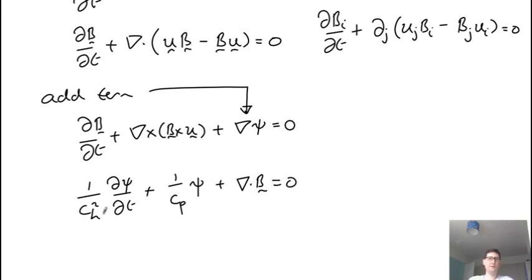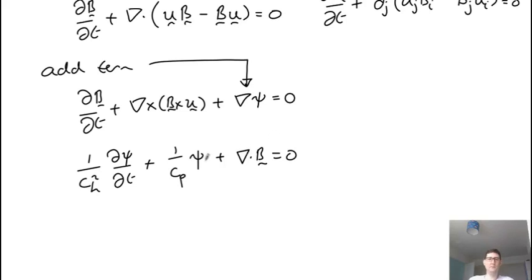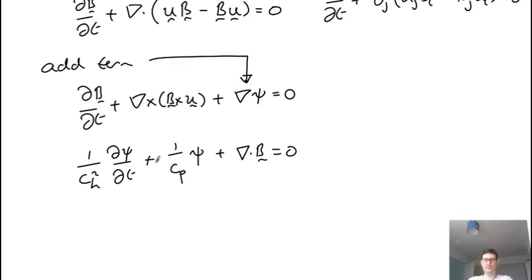So you see it's an evolution equation. In general it has a hyperbolic term and what will turn out to be a diffusion term, and it has a source term, which is the divergence of B. And so whenever divergence B is non-zero, this psi will change in time. And we'll see that when substituted into here, this will actually end up cleaning the field.